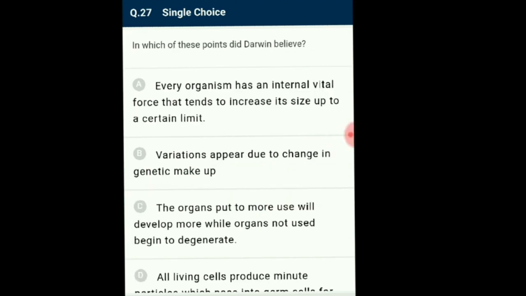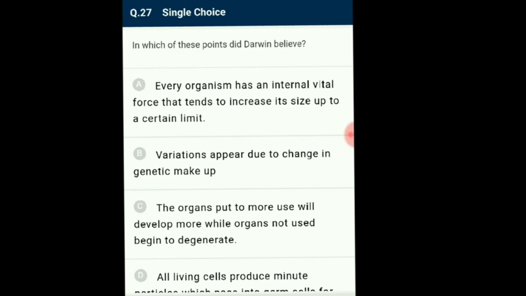Which of these points did Darwin believe? Lamarck believed that every organism has an internal vital force that tends to increase its size up to a certain limit. He also believed that the organs put to more use will develop more while organs not used begin to degenerate. Genetics was never a part of Darwin's theory.